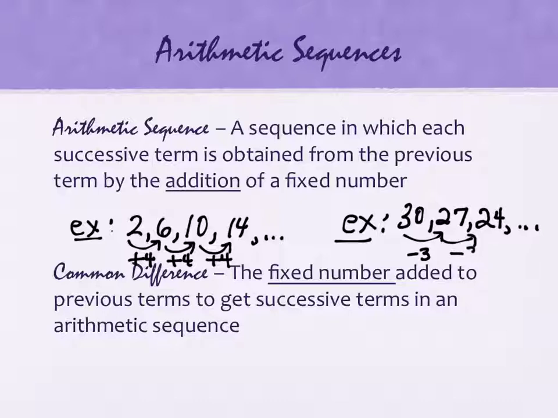So we would actually say that the common difference is -3, whereas the common difference over here is simply 4. You could put +4, but it would be 4. So the common difference can be a positive number or a negative number. It actually could be a fraction too, or a decimal. It doesn't have to be whole numbers or natural numbers either. Most of the ones we deal with are going to be whole numbers, but they wouldn't have to be.